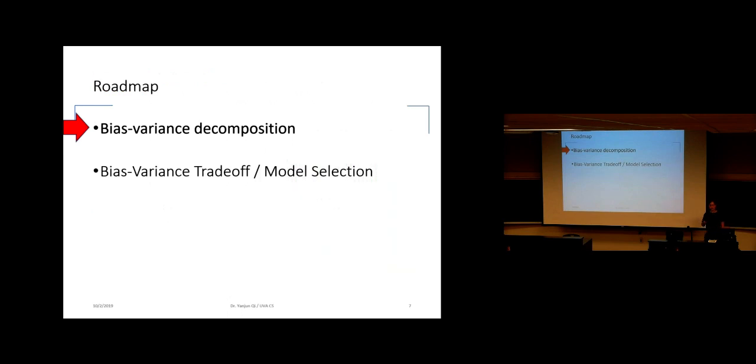Okay, so now let's do the bias and variance decomposition. Before I go to it, there is some probabilistic knowledge I have to use, and I hope you still remember it.